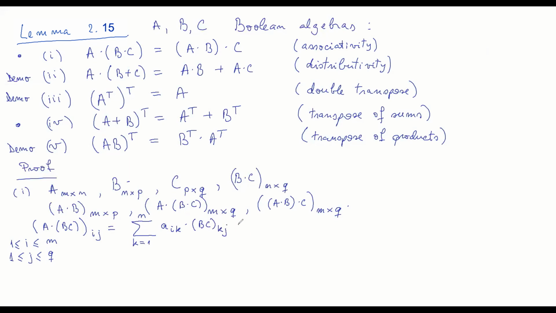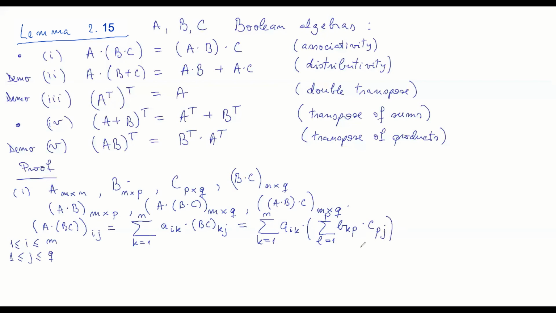And now we have to think about what's the element on position kj of this product. It's going to be the sum from 1 to p, remember B is of type n times p, of bkp times cpj.